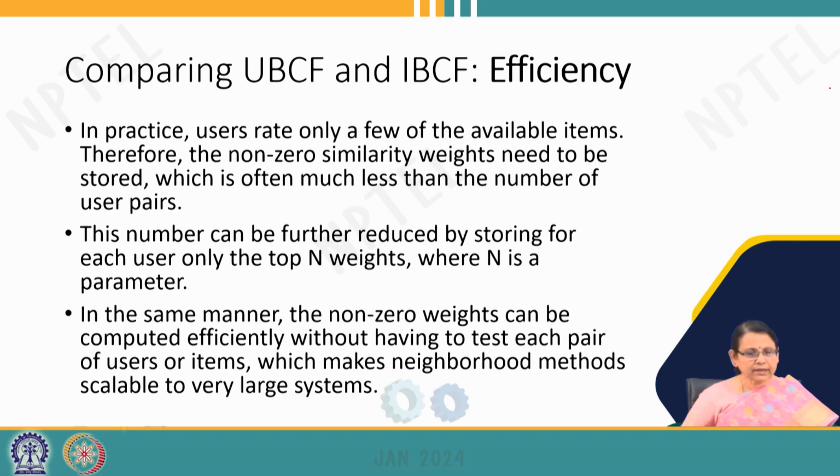Now, this number can further be reduced by storing, for each user, only the top n weights. What are these top n weights? One of the decision making scenarios in a recommender system is top n items. So, in case you are supposed to predict the top n items, you can sort them based on the predicted rating, which is based on the similarity values, and you can store this.